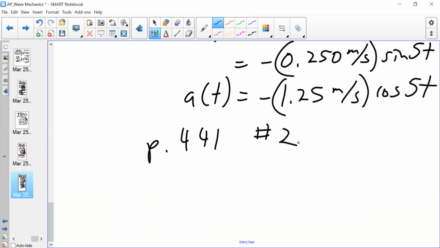Again, simple harmonic motion implies that we have a force directed to the center, because not all periodic motion is simple harmonic. So that its position varies according to the expression given below, where x is in centimeters and t is in seconds. At t equals 0, find the position, velocity, acceleration, period, and amplitude of the motion. I want you to do 2 and 3.